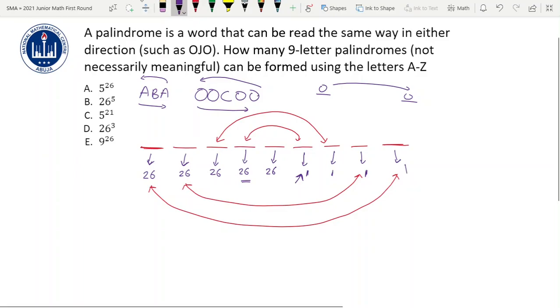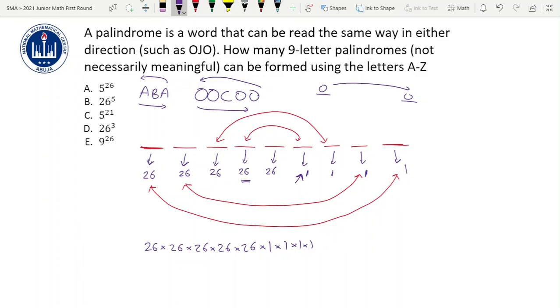So we have 26 options for the first, 26 for the second, 26 for the third, fourth, and fifth, right? And then one option for the rest of them. What this means is that we're going to be able to form 26 times 26 times 26 times 26 times 26 times 1 times 1 times 1 times 1 palindromes using the letters A to Z, right?